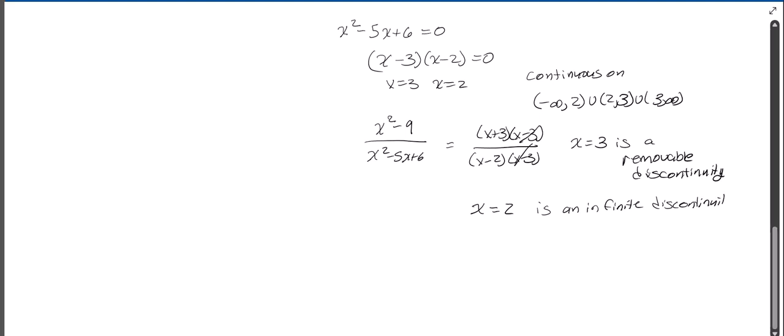As a matter of fact, and it might be asked another question, to find the vertical asymptotes, the line x equals 2 is a vertical asymptote.